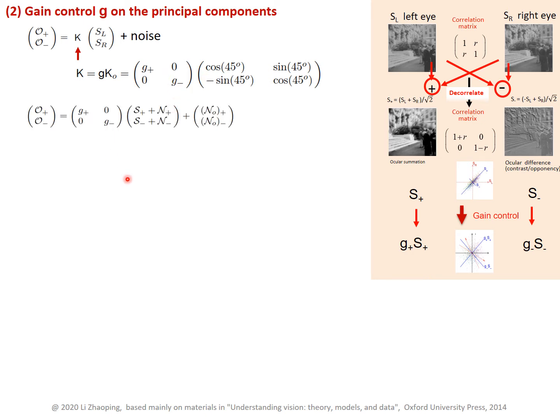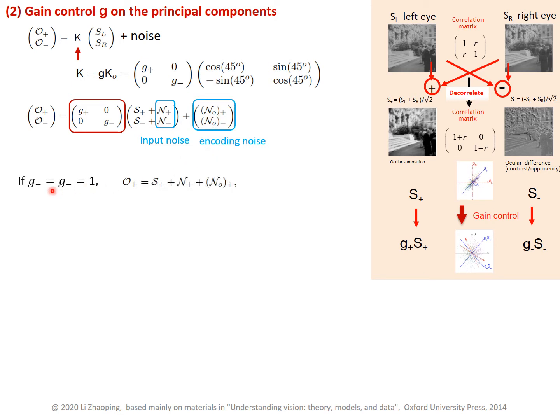And the output, O plus and O minus, combining these, will contain both the input noise, although the input noise also goes through the gain controls, and the encoding noise. And no gain control is the case when the gains are equal to 1.